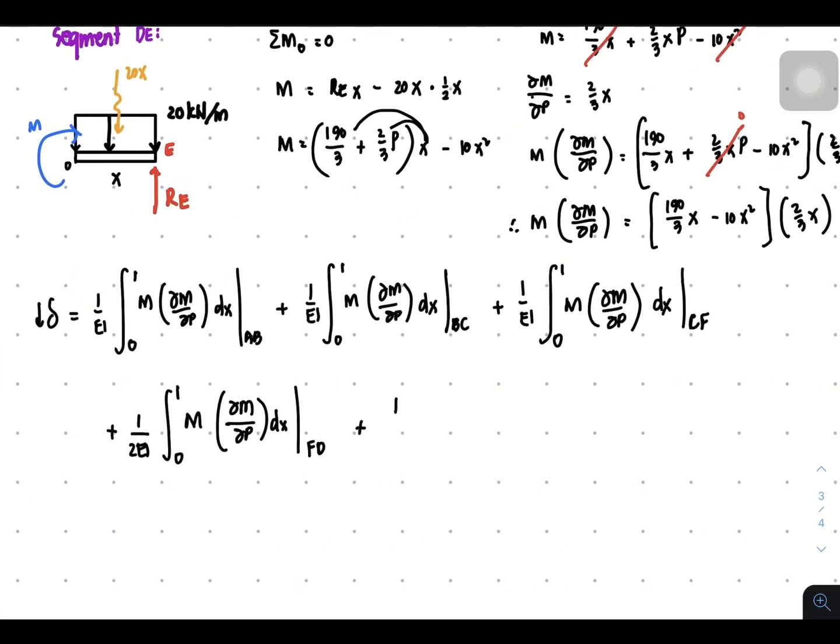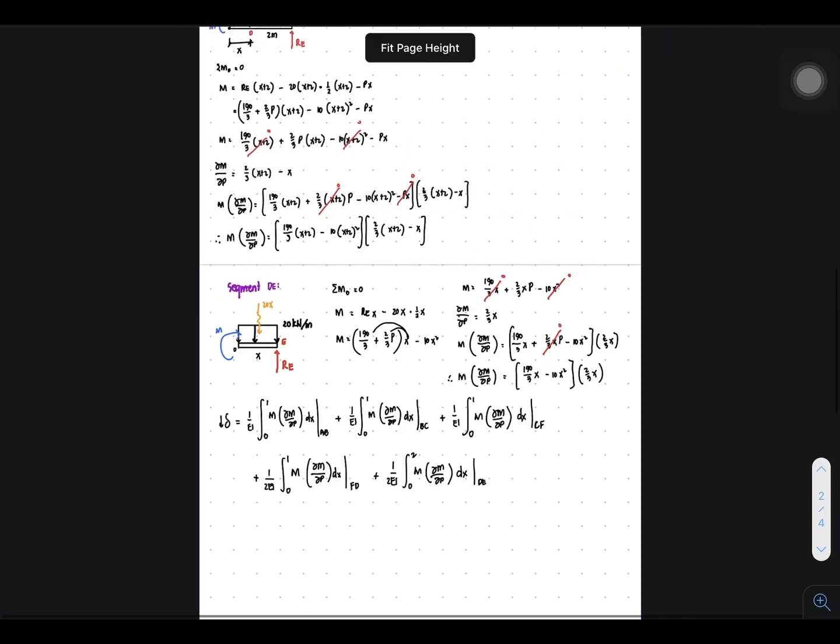Then plus 1 over 2 EI again for segment D to E. So m times the partial derivative dx. So this is for DE, so this is the 0 to 2 limit.